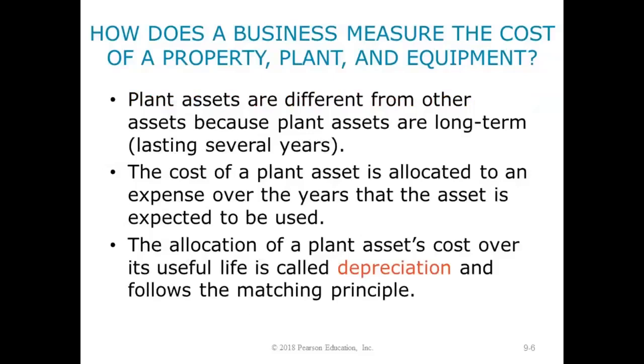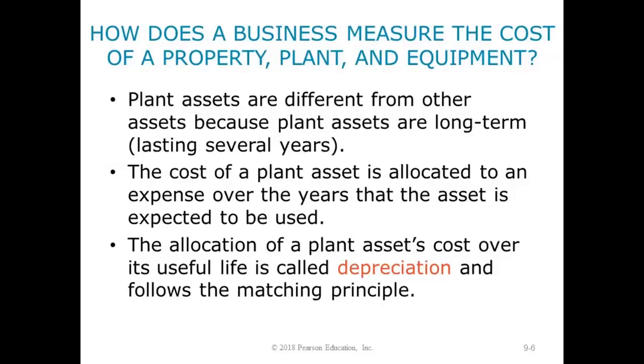The other thing we're going to be taking a look at also in this chapter is going to be a little bit different. Now, back in Chapter 3, I believe, when we talked about adjusting entries, we did talk about depreciation expense and how we would book the corresponding credit to accumulated depreciation. Now, the cost of an asset normally is allocated to an expense over the years that the asset is expected to be used.